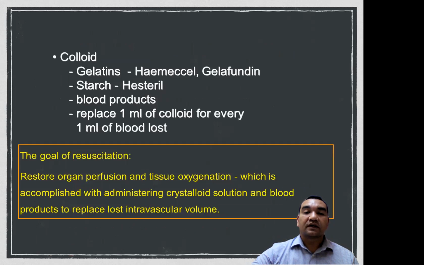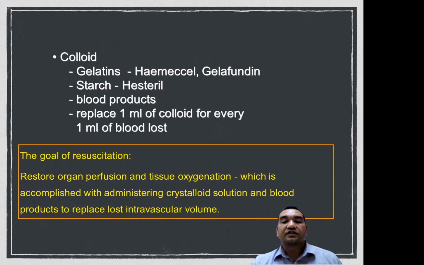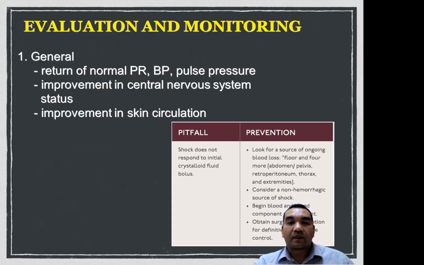Types of colloid include gelatins and starch. Blood products are also considered colloids. The goal of resuscitation is to restore organ perfusion and tissue oxygenation, which is accomplished by administering the preferred solution and blood products to replace lost intravascular volume.